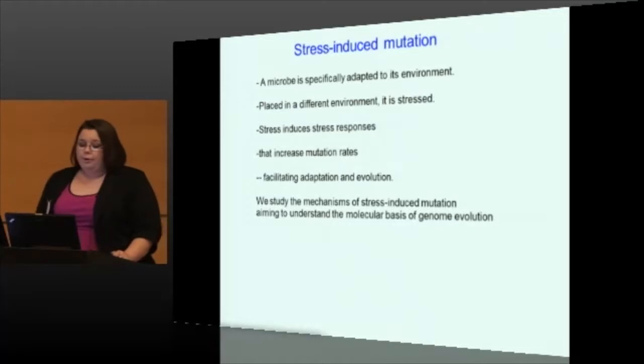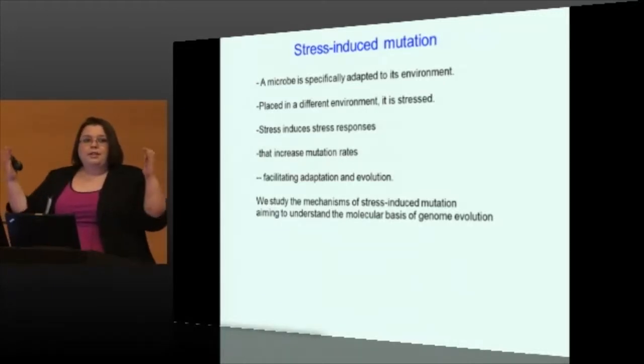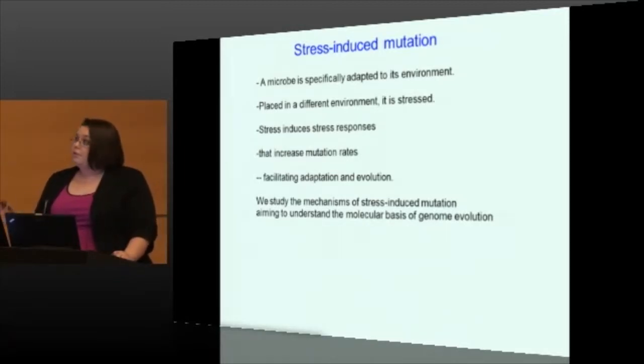So you have a microbe that is specifically adapted to its environment, such as E. coli to Earth. When you place this microbe in a different environment, a different pH, a different temperature, a different carbon source, this organism becomes stressed. This stress induces stress responses. Stress responses are large collections of genes that together serve individual functions that help that organism adapt to that stress.